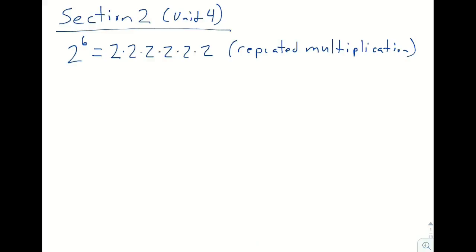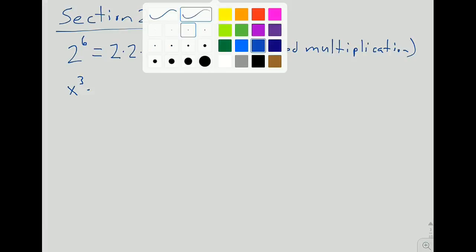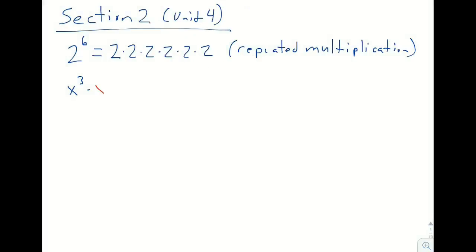The kinds of problems that we're going to be running into involve having multiple powers or multiple things with exponents on them, and we need to work with that. So for example, if we have x to the 3rd times x to the 2nd, I'm going to actually do this in 2 different colors here, and I would recommend, if you have the ability to do so, to do the same, because it'll help us see a pattern.